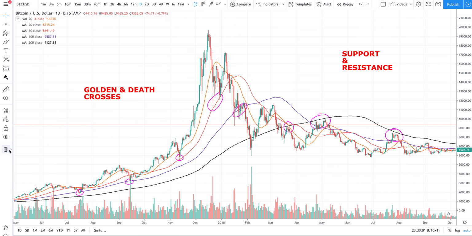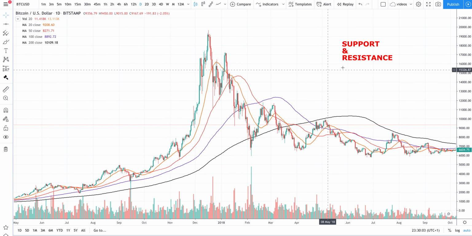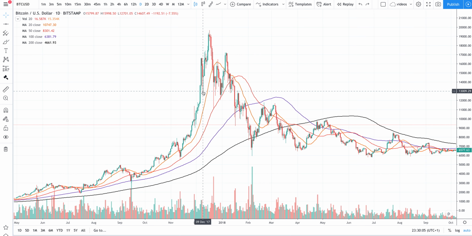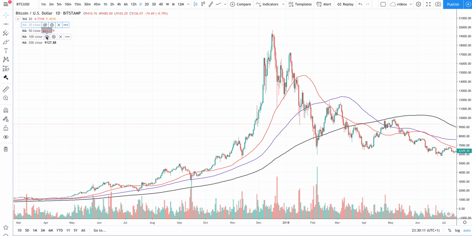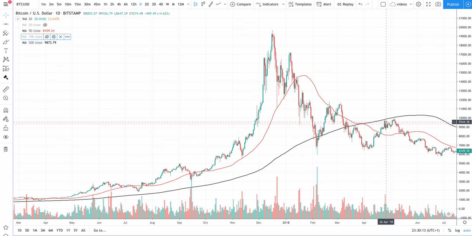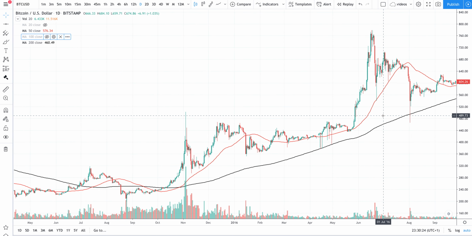Okay, let's just try to remove everything. Okay, we lost. No problem. In order to see death cross and golden cross, you have to take as active only the 50 and 200 moving averages.